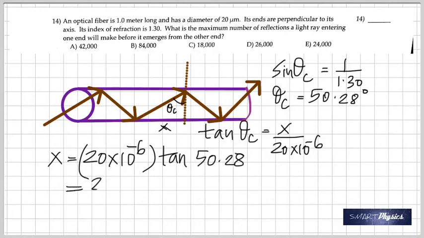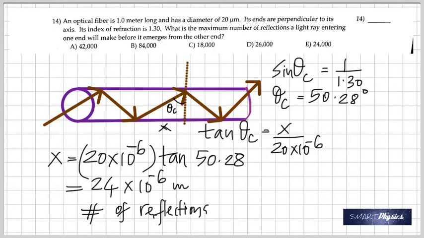And so you get x as 24 times 10 to the minus 6 meter. Therefore the number of reflections required is 1 meter divided by that much, because in one reflection it's able to move that much forward, and we actually wanted to move 1 meter forward, right? So 1 divided by that would give you 41,533, which is approximately 42,000 reflections.